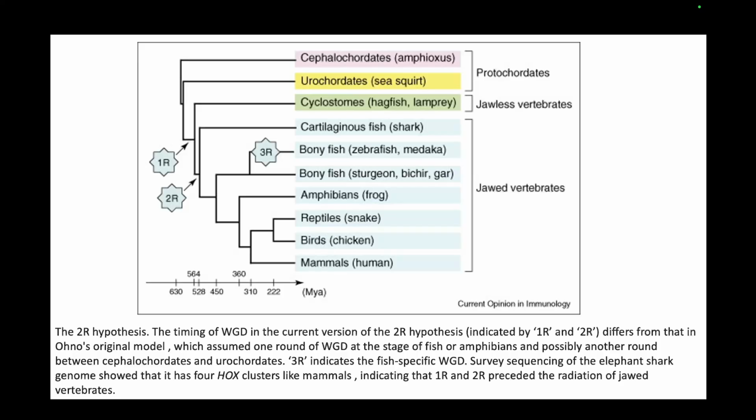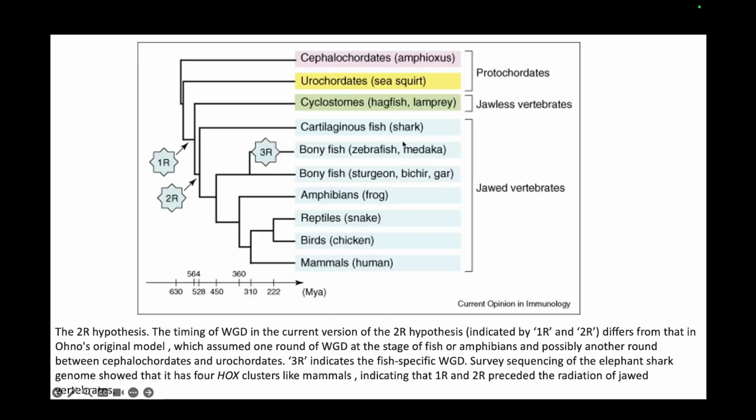But now it has been identified that the 2R hypothesis basically distinguishes between jawless and jawed vertebrates. But now this theory has been slightly disproved, and we have 3R, where it happened three times, this particular speciation event. So there are papers regarding that.